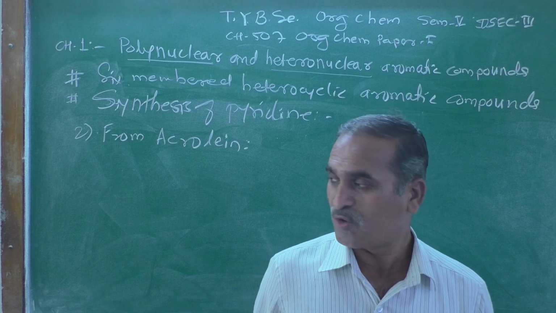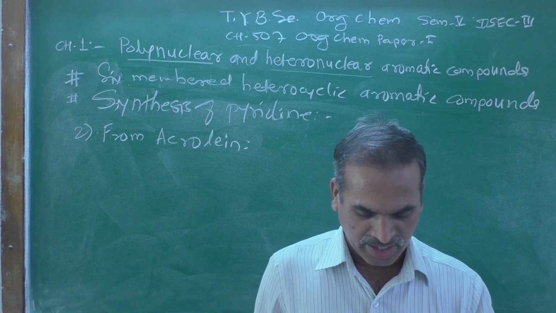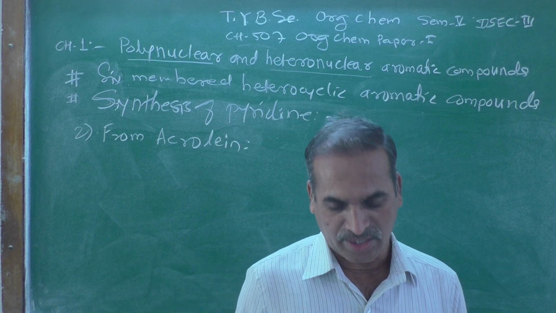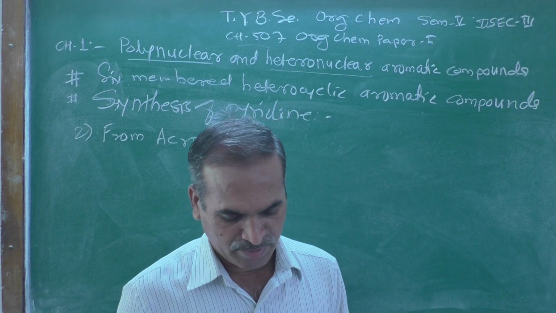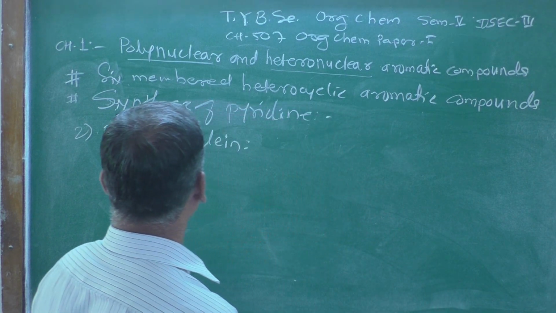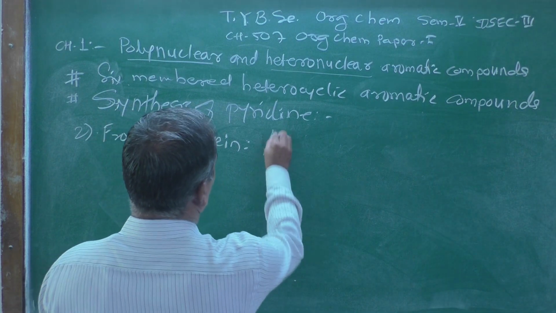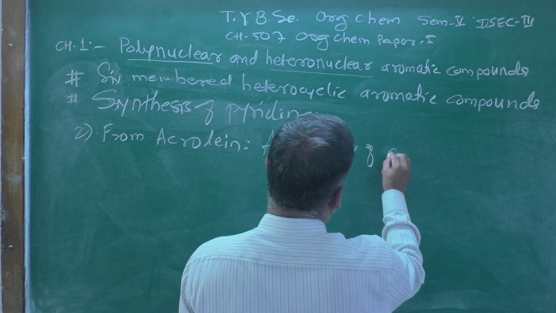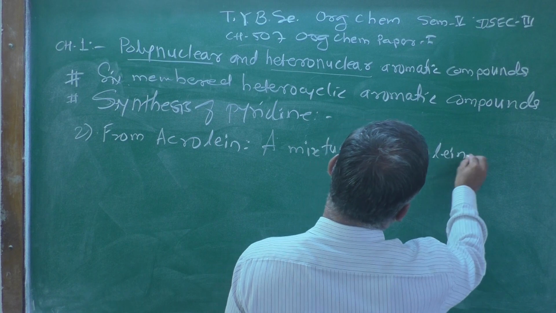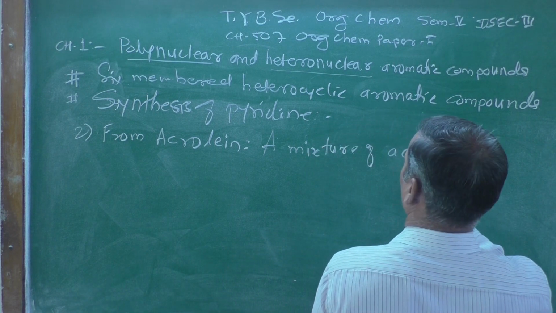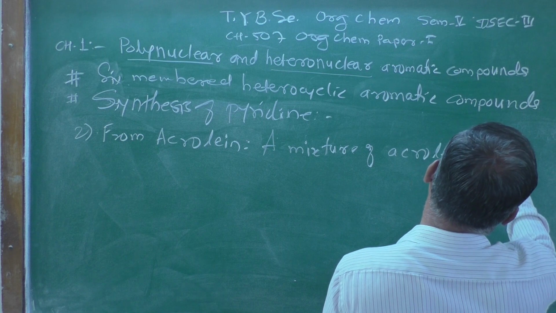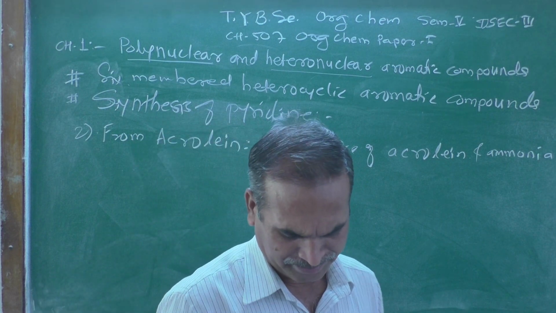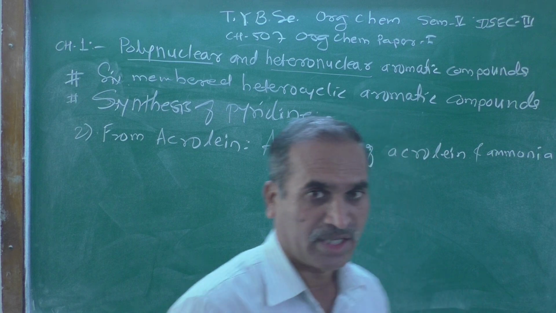How can one prepare pyridine in the laboratory from acrolein? A mixture of acrolein and ammonia on heating cyclizes to form 3-methyl pyridine. That is one of the simplest compounds here.